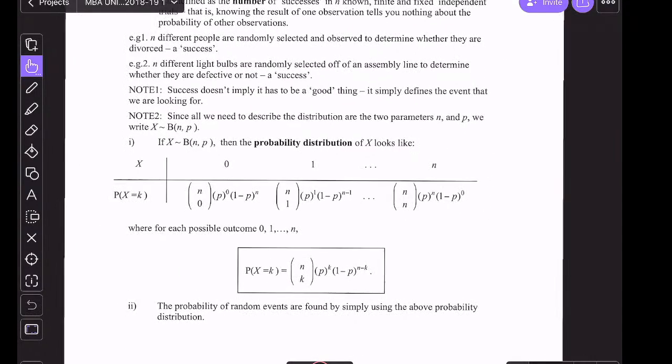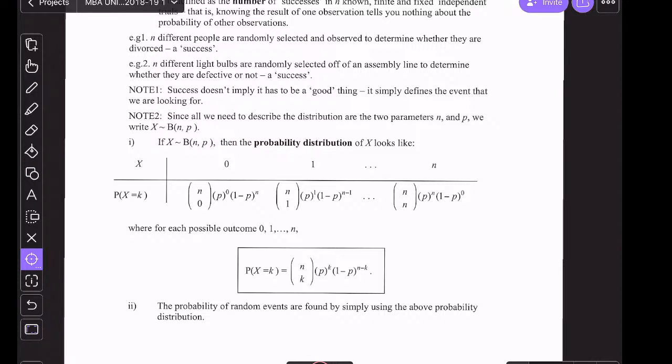So this is the pattern. Remembering, all I need are the parameters to describe the distribution. So I don't need much more information except knowing it's binomial, knowing the n and the p, and you'll see that the outcomes are always 0 successes all the way up to n successes, because you have n trials. It's a discrete distribution, so there are only n plus 1 possibilities.